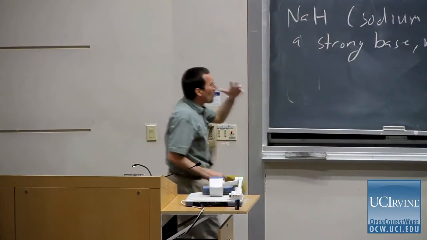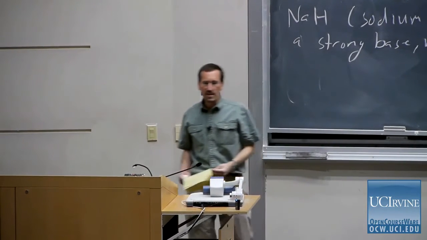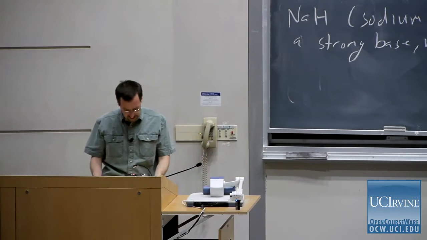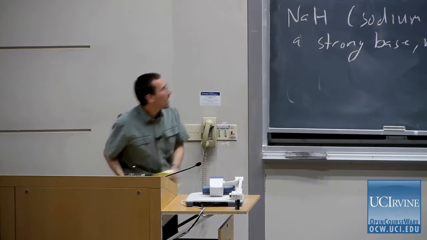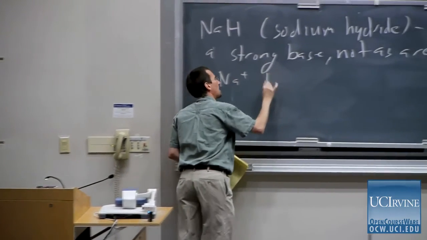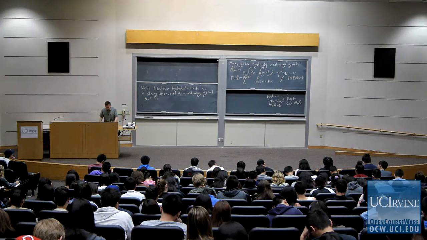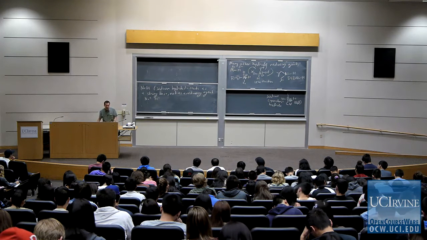Sodium is even more electropositive than aluminum. Its electronegativity is about 0.9. And so the sodium hydride is actually an ionic compound. And it's pretty darn insoluble in organic solvents.